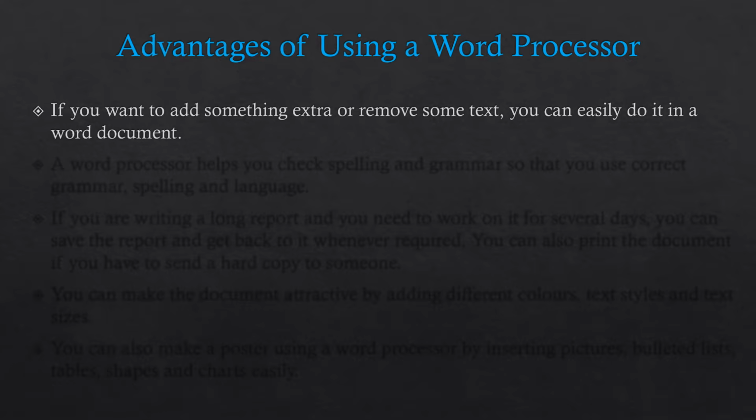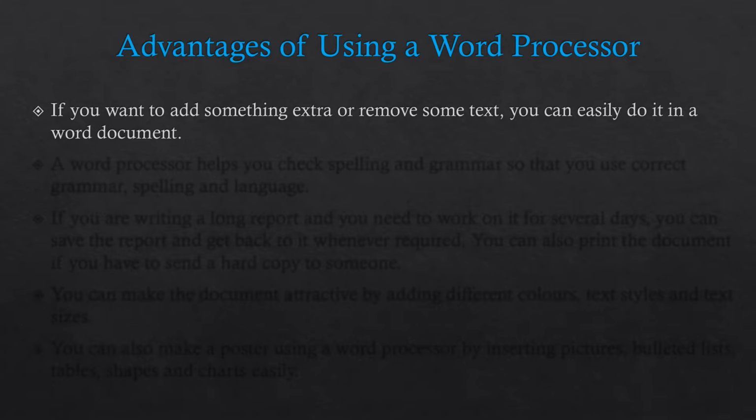We can easily add or remove text in a word document, because in a word document we can use specific tools which can help us to add or remove text. But if the document is written by hand, then we do not have any space to add extra text, and we do not have any tool to remove the text.